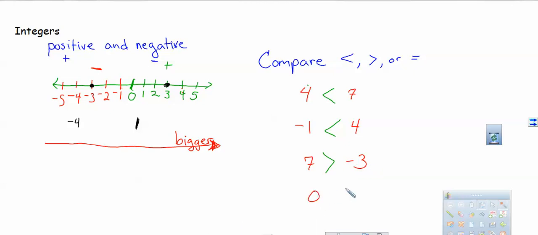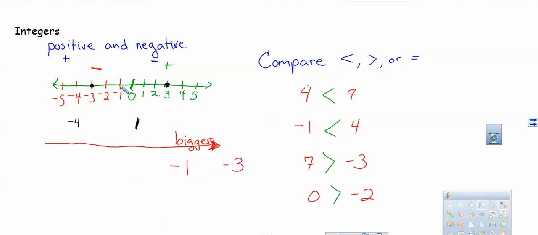How about 0 and -2? Which one is bigger? Well, here's 0. Here's -2. 0 is bigger than -2. So I'm going to say 0 is greater than -2. Now these get harder when we have two negative numbers. -1 and -3.